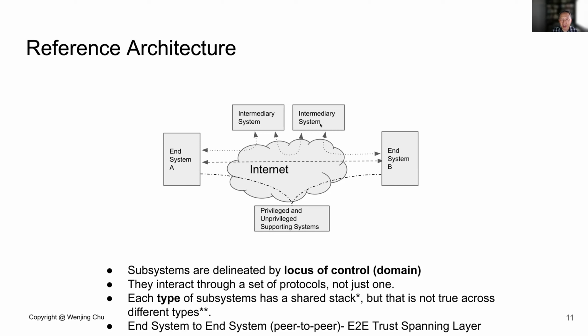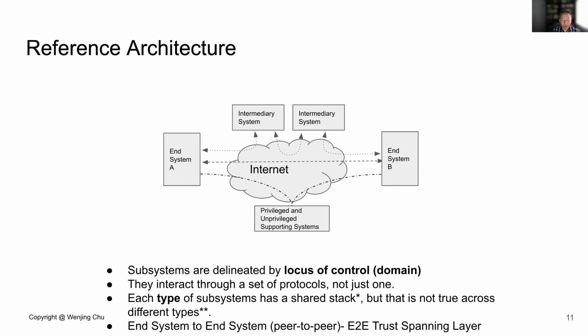Intermediary systems are also sometimes very beneficial or needed. They do forwarding for the end systems. So they are actually in the data path, but they are not a dependency on proving who I am. Okay, we'll come to define these more precisely later.